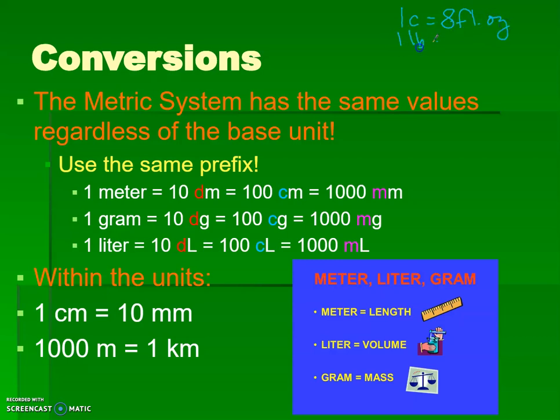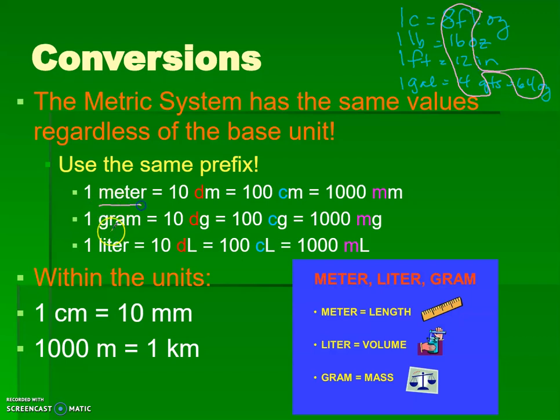Okay, 1 pound is 16 weight ounces. 1 foot is 12 inches, and we have 1 gallon as 4 quarts, or 64 ounces. And the crazy part of our American system is I didn't repeat any of the same numbers.